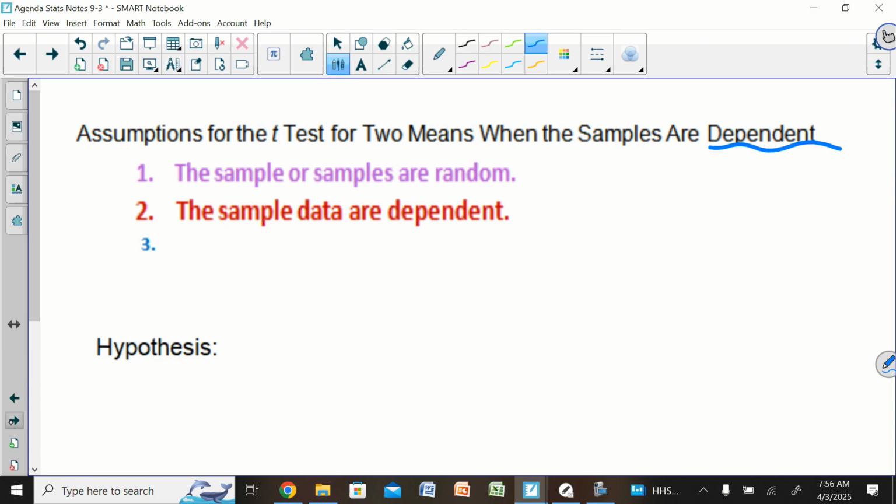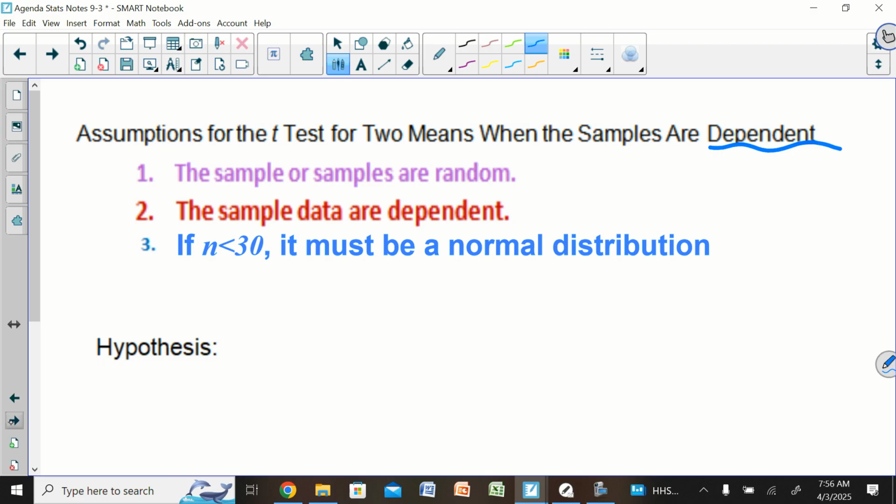So it's based on that characteristic, so it depends on the GPA. This is the first time we've ever said that the sample data are dependent, and it will probably be the only time. And if our sample size, our number of pairs, is less than 30, it must be an approximately normal distribution.